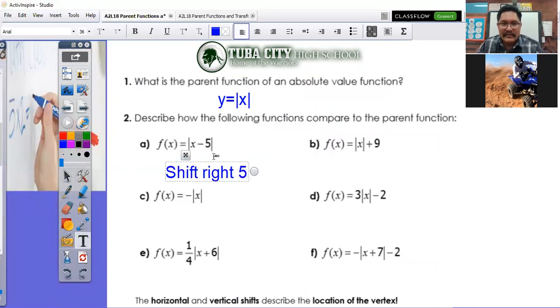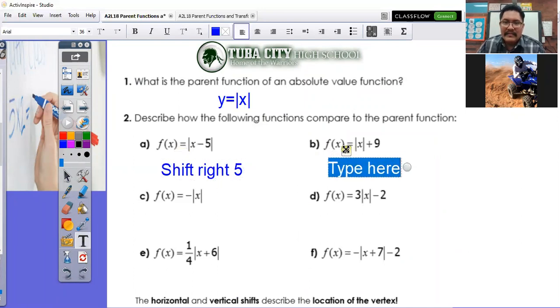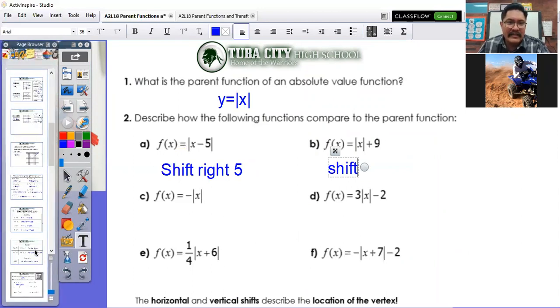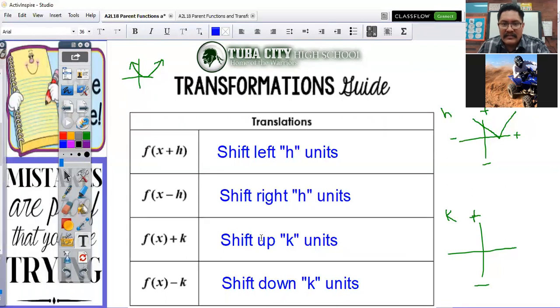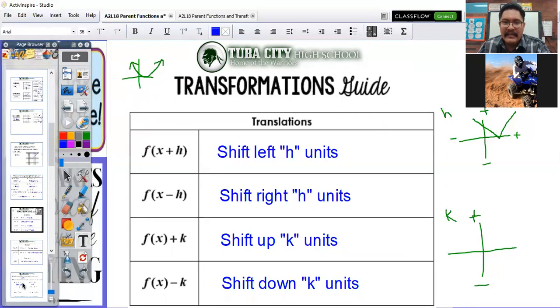There we go, shift to the right 5. And we can go back to that same chart and see what happens if we add 9 to the outside. So not directly to the X, but on the outside. If we add a number, that's going to cause it to shift up that many units.